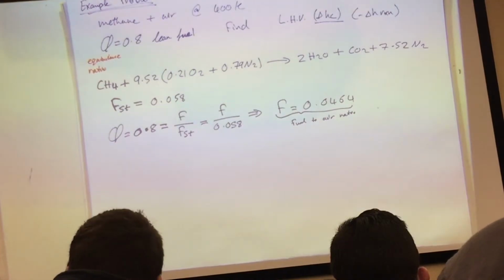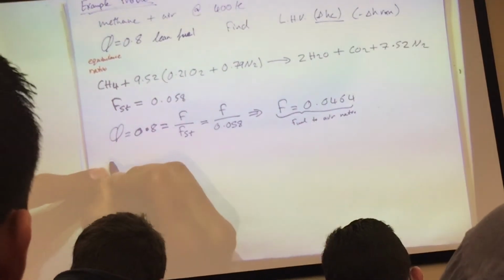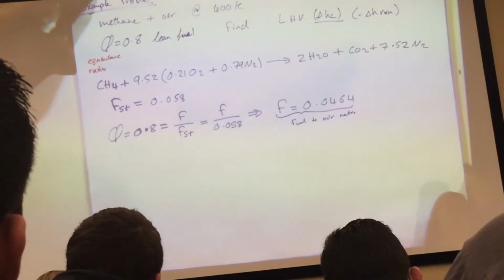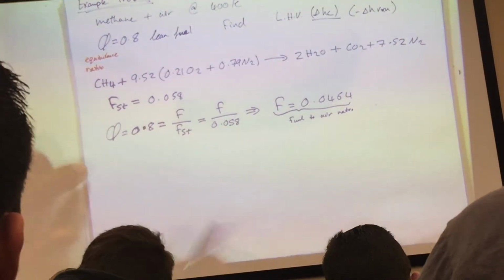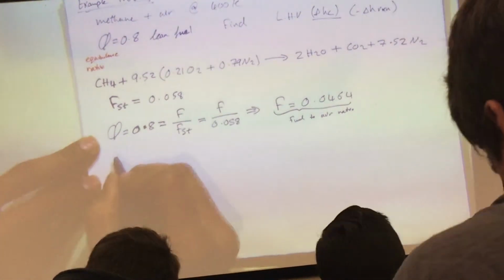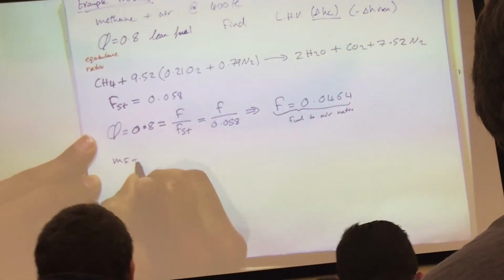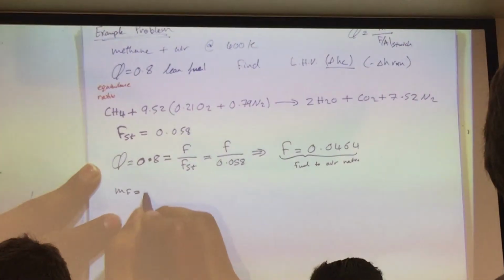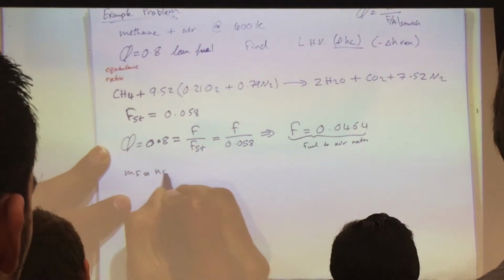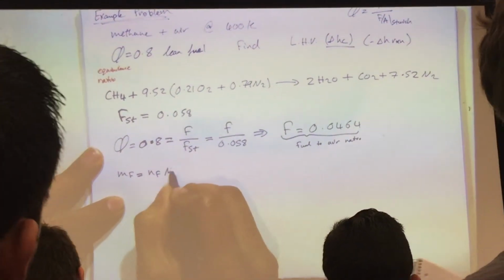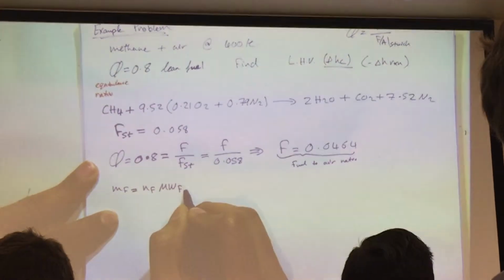Okay, so from there, I could get how much mass of fuel that I have, how much mass of air that I have, and whatnot. So I could say the mass of fuel is equal to the number of kilomoles of fuel that I have multiplied by the molar mass.